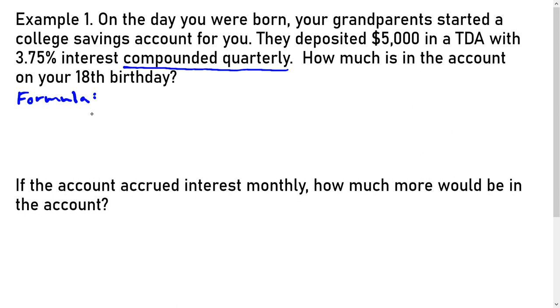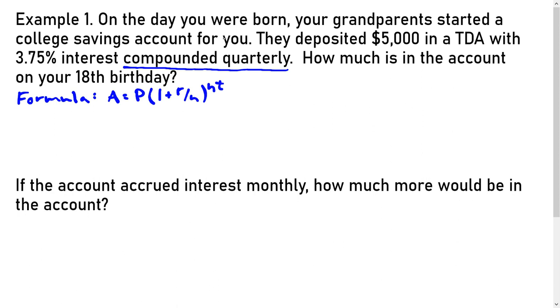So if you look back at the other pages in your notes, you're going to see that the formula for periodically compounding is A equals P times (1 plus r over n) raised to the nt. So I need to pull as many of those different values out of the question as I can.